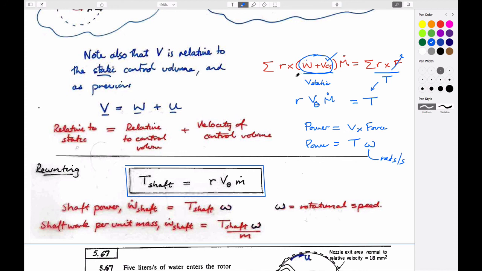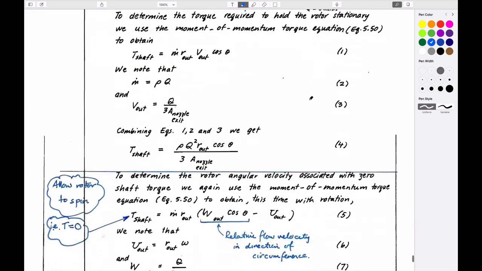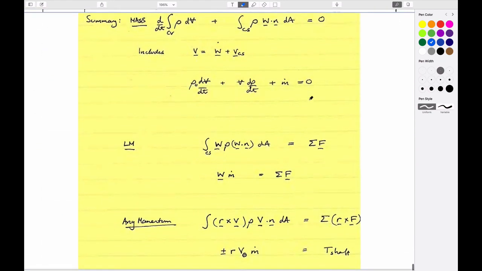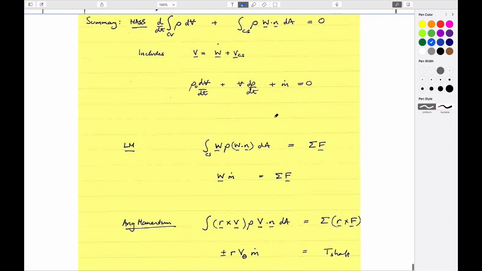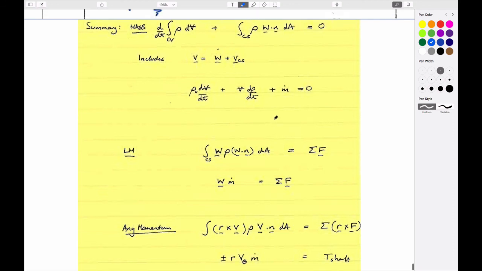And for some intermediate behavior, where we know, for instance, the magnitude of this torque and the magnitude of the flow rate out of the system, we should be able to calculate the velocity of the control surface, which of course would be the velocity of the machine that would be working for us. And so we went through an example to talk about that. And so these are the summarized expressions.